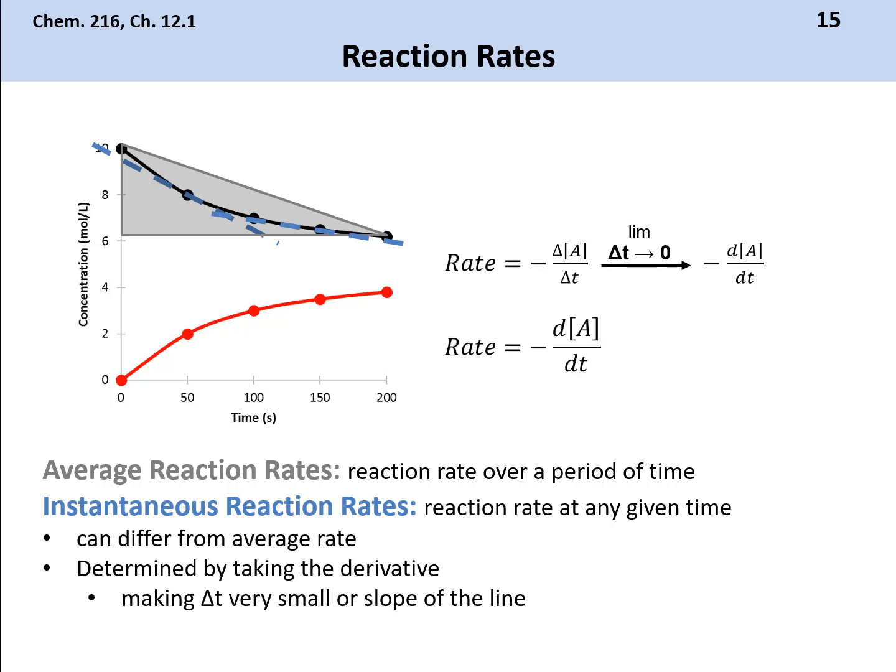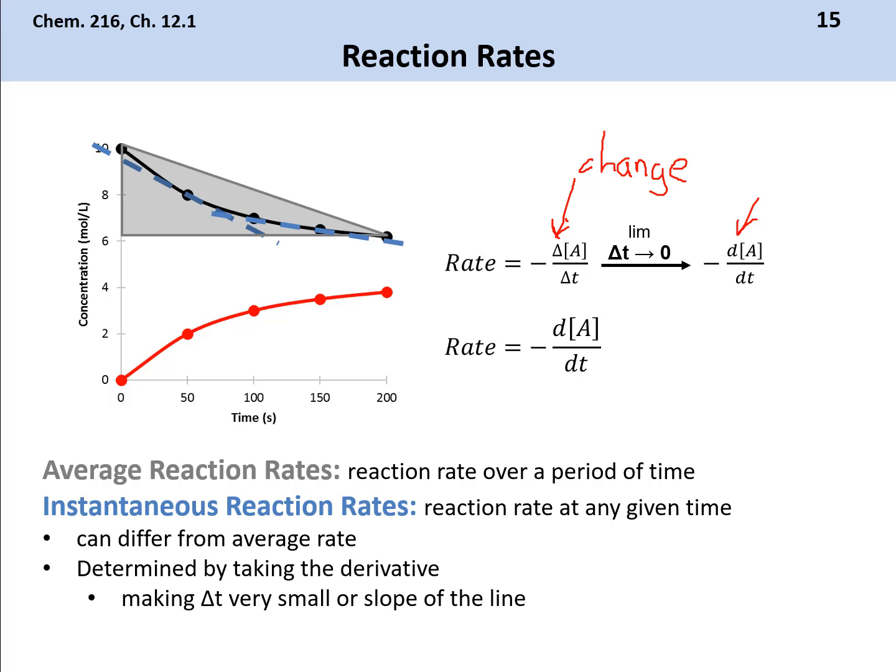The derivative is when I make that delta t that we were talking about so small that eventually that delta t goes towards 0. And once it gets so small, instead of calling it delta, which is change, we start calling it just d, where d stands for differential.